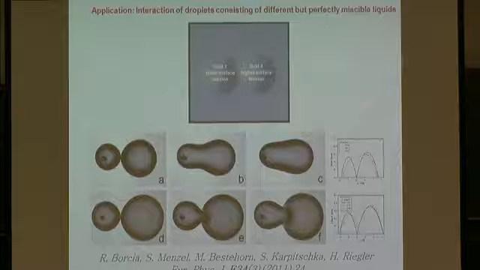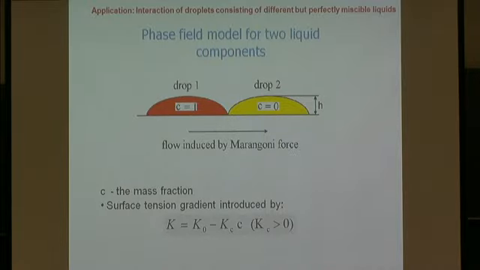So this was the aim of the project, to find different solutions. One of the solutions was to make the simulation using the phase field model. And in this case, we need a new variable in order to distinguish the liquids.